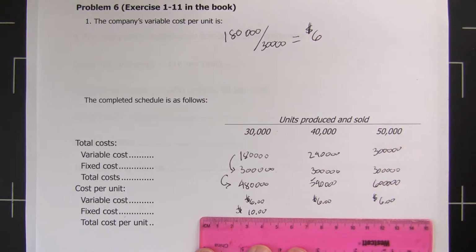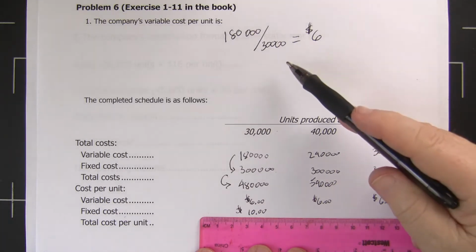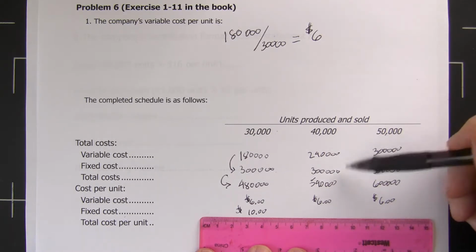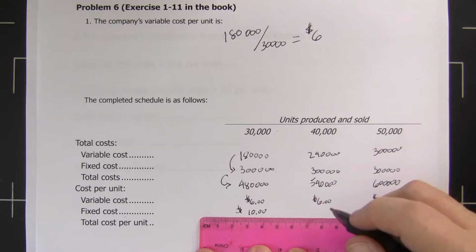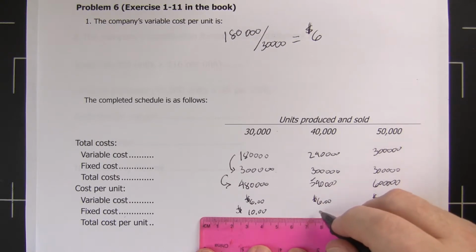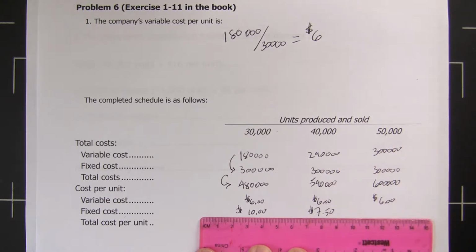At the 40,000 level, we take our 300,000 in fixed cost, divide by 40,000, and we come up with $7.50 per unit. Again, these are approximates, because maybe it's not really 40,000 units, maybe it's really 40,003 units. Close enough for government work.